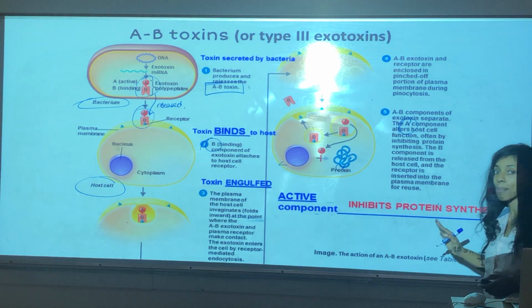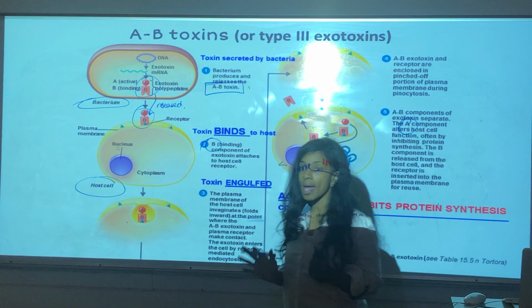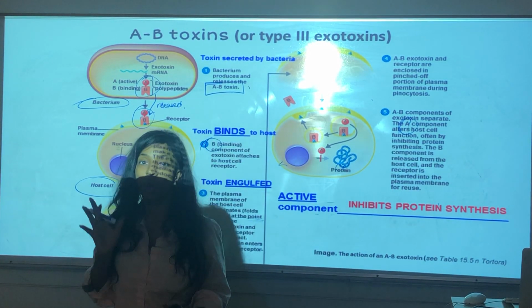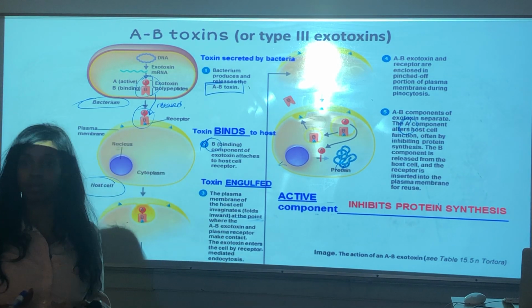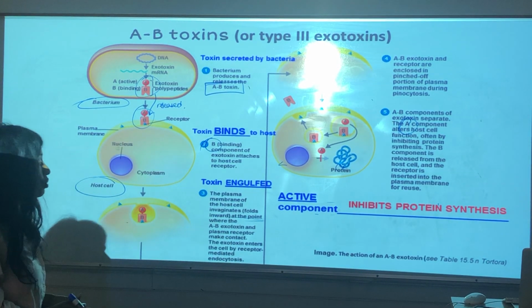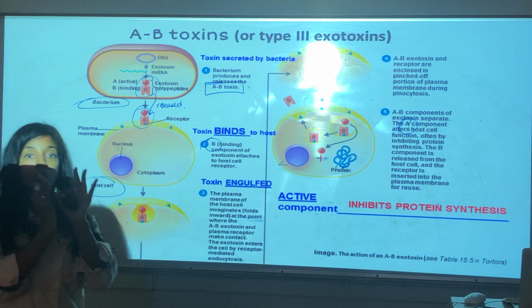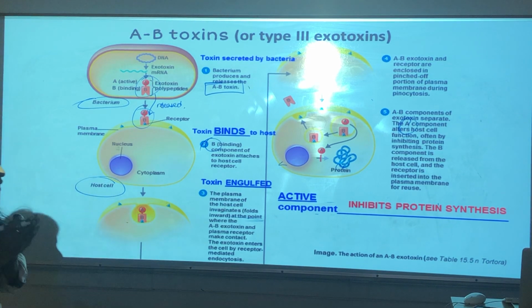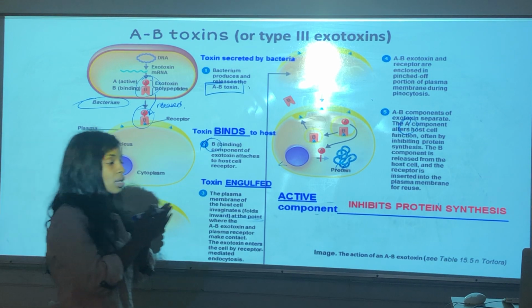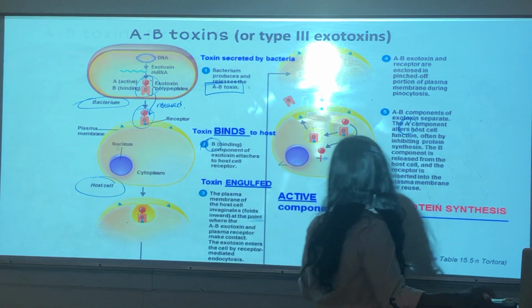So it will block protein synthesis inside of the host cell. The host cell is harmed. Remember, proteins are the functional component of the cell. So if they are not making proteins properly, the cell is not going to be functional.